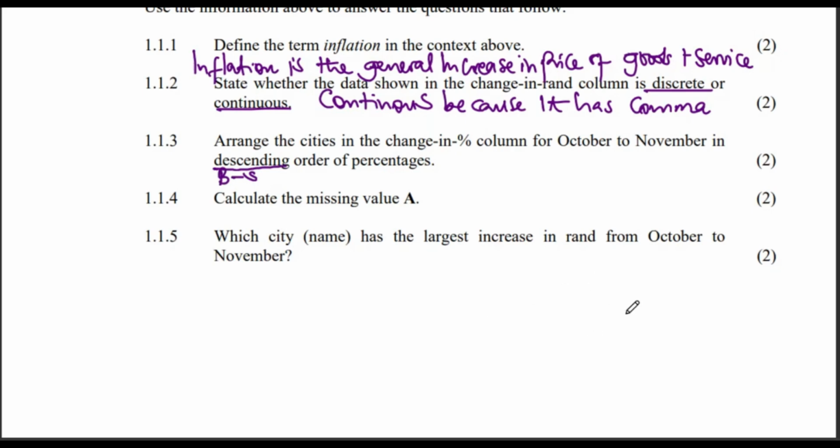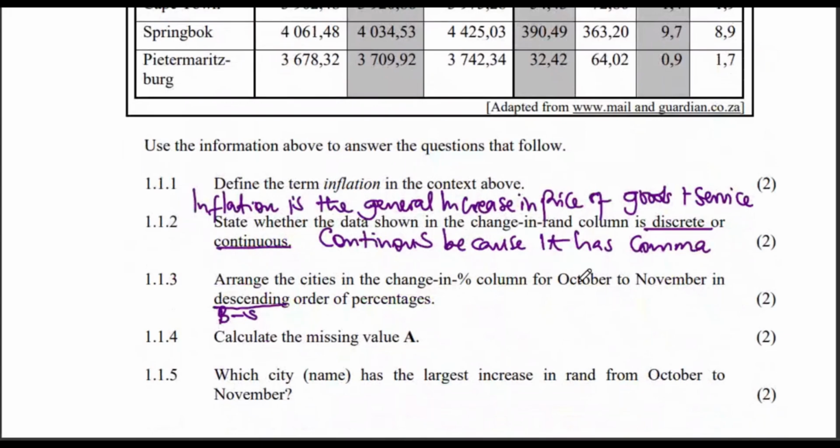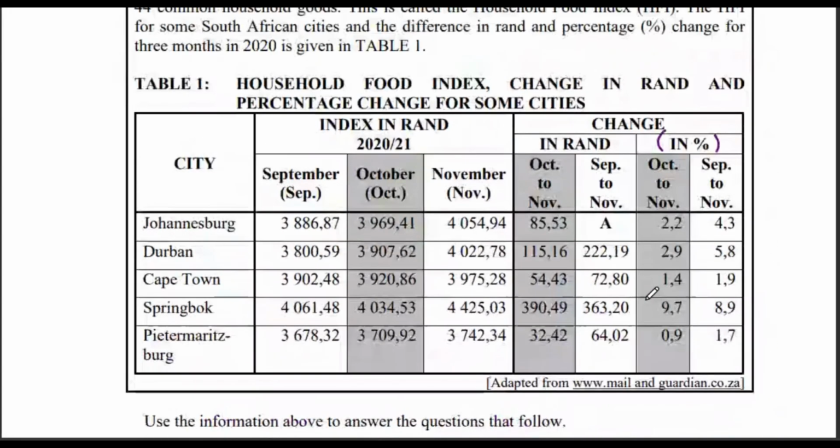We go to the change in percentage column, October to November. We need to look for the biggest. The highest number here is this one, followed by 2, then 3, 4 and 5.